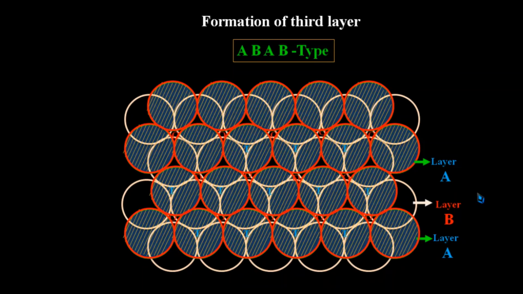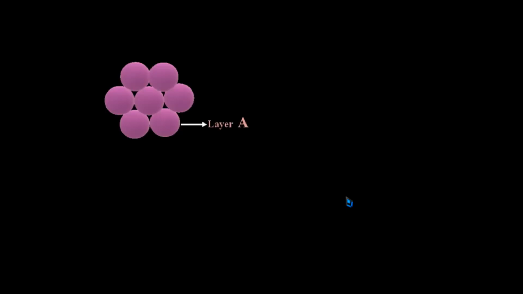For example, beryllium, magnesium, zinc, cadmium crystallize in the HCP crystalline structure. Now here we see how the ABAB type of arrangement takes place. These 7 violet color balls or spheres form layer A or the base layer, above which we placed again 3 yellow balls which form the second layer.